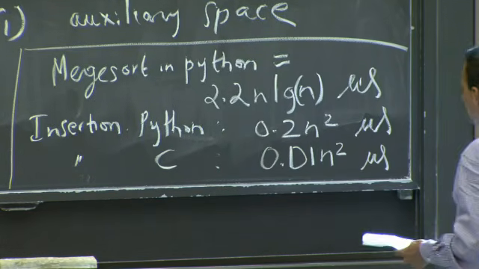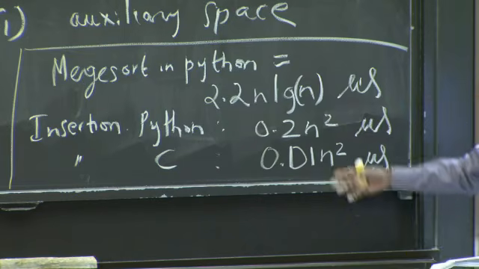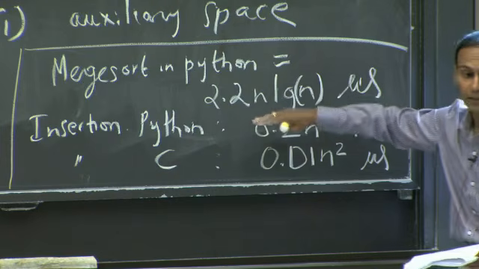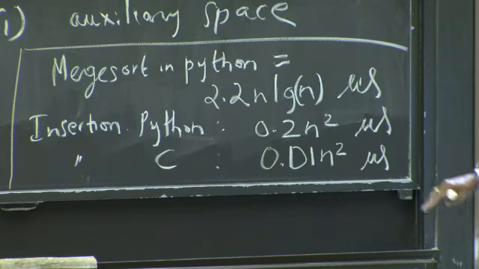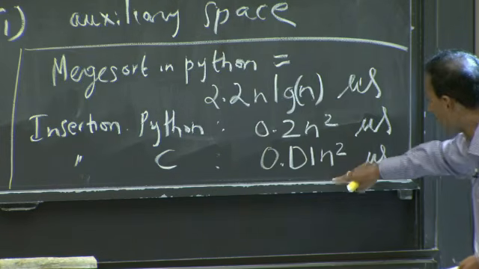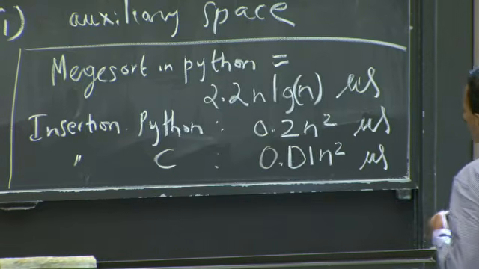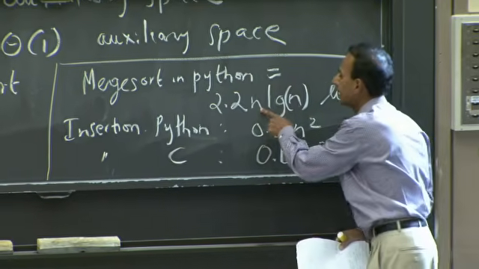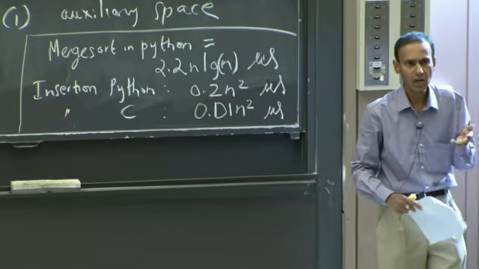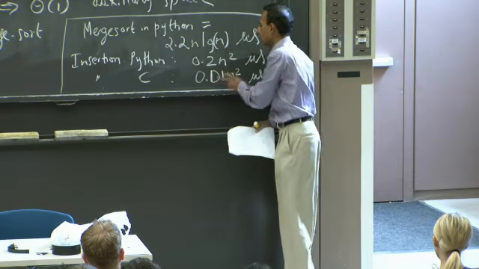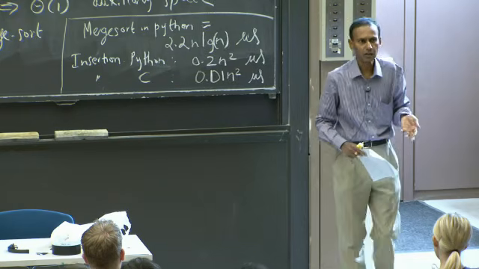We do ask you to write code. And this is important. The reason we're interested in algorithms is because people want to run them. And what you can see is that regardless of whether you're in Python or C, this sort of tells you that asymptotic complexity is pretty important, because once n gets beyond about 4,000, you're going to see that merge sort in Python beats insertion sort in C. Right?